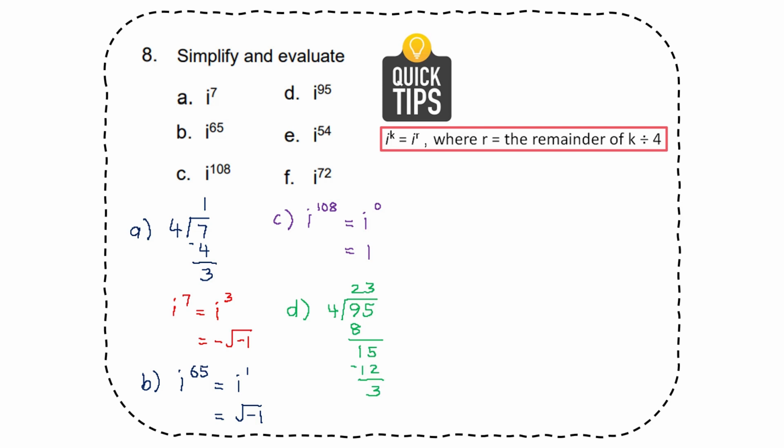It will be same with question A. So it will be i to the power of 95 equal to i to the power of 3, and it actually equals negative 1.